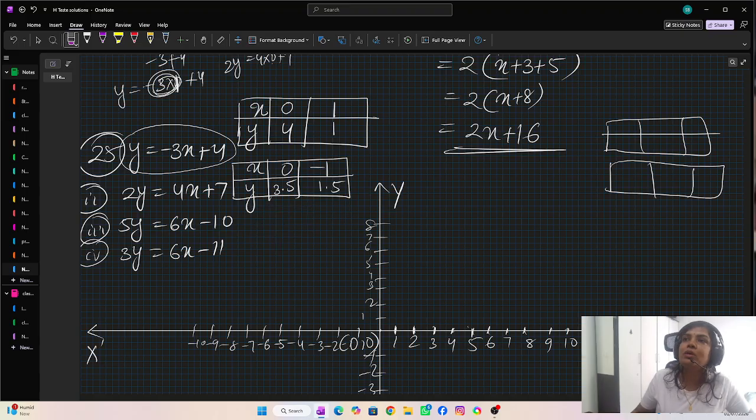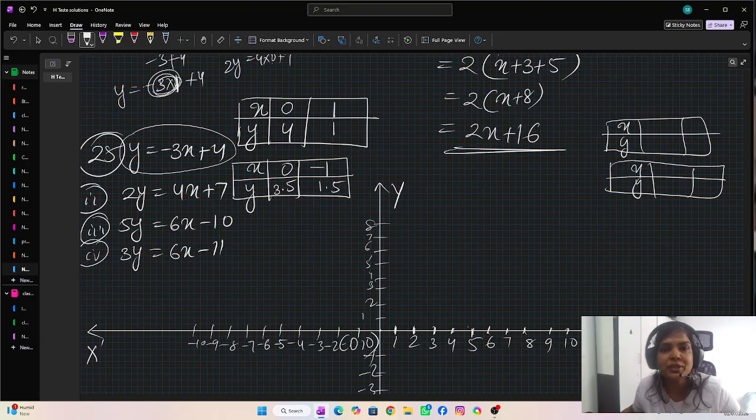For the other two boxes I'll write x and y, and I'll write the values. Okay, students? This box is for equation third and this box is equation 4.